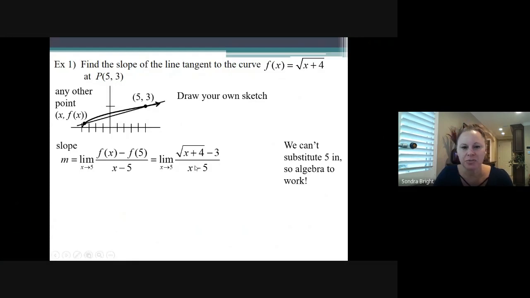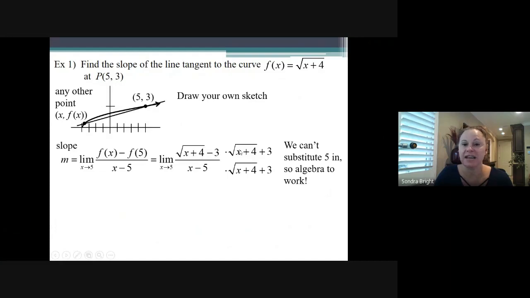I know you've been used to multiplying by the conjugate of the denominator when there's a radical in there. This time, it's a fancy little trick. You've got a radical in the numerator. We're going to multiply by the conjugate of the numerator, top and bottom. So the conjugate would be the square root of x plus 4, plus 3.